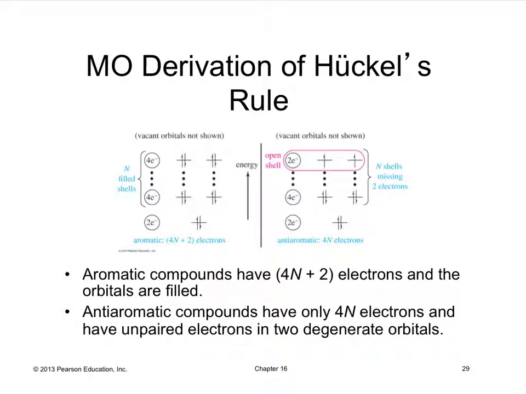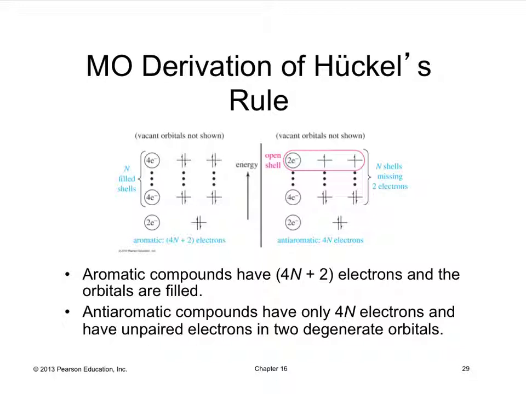If we look at the molecular orbital derivation of Huckel's rule, aromatic compounds have 4n plus 2 electrons and the orbitals are filled. In the aromatic case, 2 electrons are at the bottom, which is the lowest energy, and then you have your n filled shells, which are always full and paired.